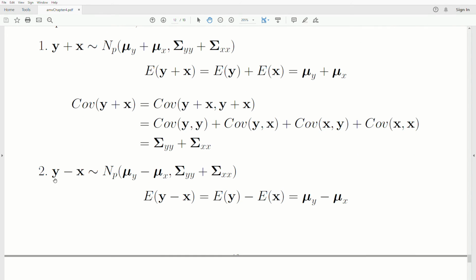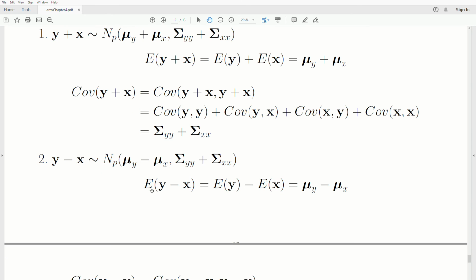Now the difference of two random vectors, now they have to be the same dimensions, is again multivariate normal with mean mu y minus mu x. And the sigmas are added. And we can look at that. So the expected value of y minus x, expectation goes into both, and we're left with the difference of the mean vectors.